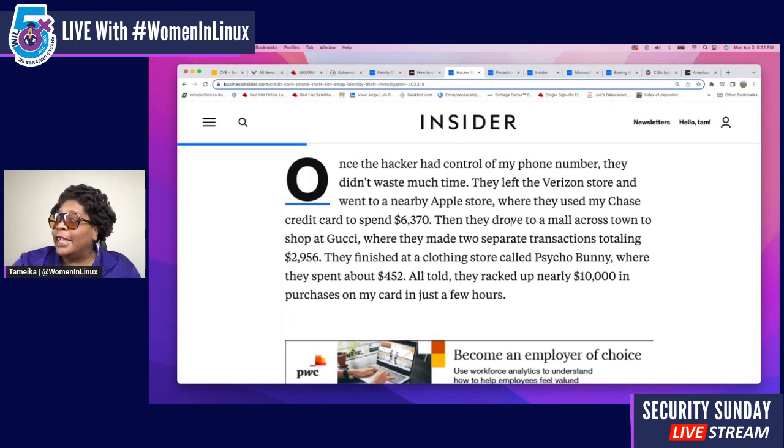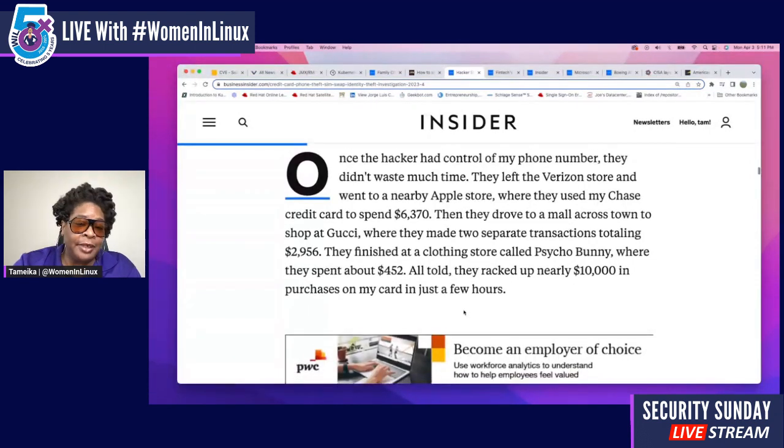Then they drove to a mall across town to shop at Gucci, where they made two separate transactions. They finished at a clothing store called Psycho Bunny where they spent $452. All told, they racked up $10,000 in purchases on my card in just a few hours.